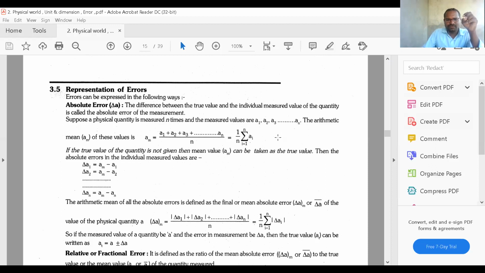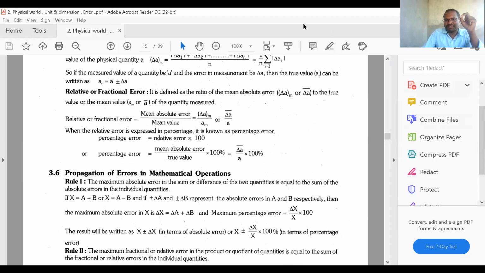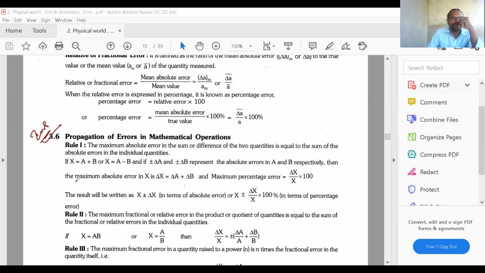Now, propagation of errors in mathematical operations. This is an important point for you. On this topic every year we are getting questions. See, for example, you have a relation x is equal to a plus b or a minus b.